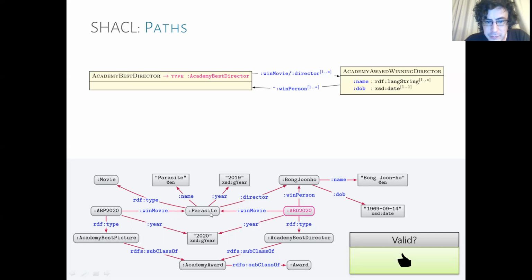So let's find Win Movie and then Director, okay? And that director must have a name and a date of birth, okay? That's cool. And as well, that director must have an incoming edge win person from something that satisfies Academy Best Director, okay? So we come back to here and we see that it's satisfied. So we're good.